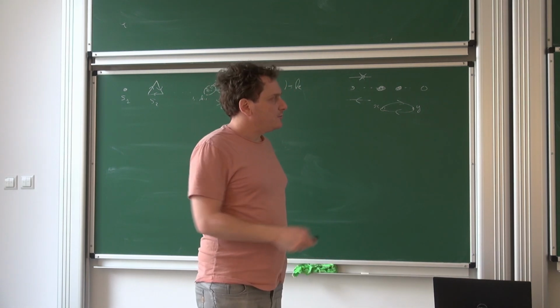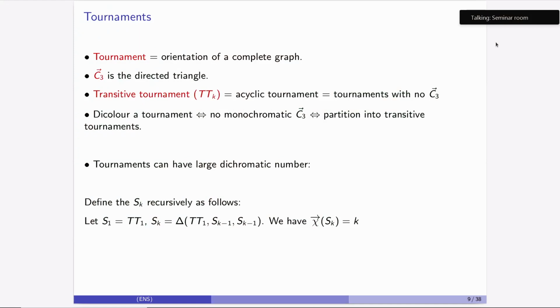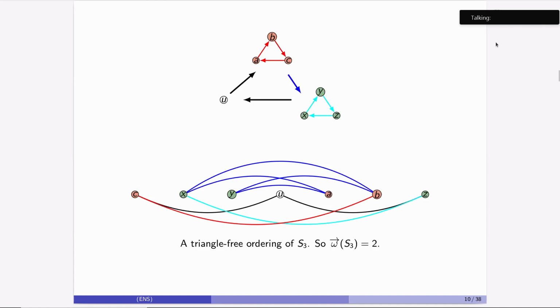Okay, and we note it like the delta of TT1, S_{k-1}, S_{k-1}. This is a drawing of S3, because the first question that we asked when we defined this clique number is how those tournaments can have arbitrarily large clique number.